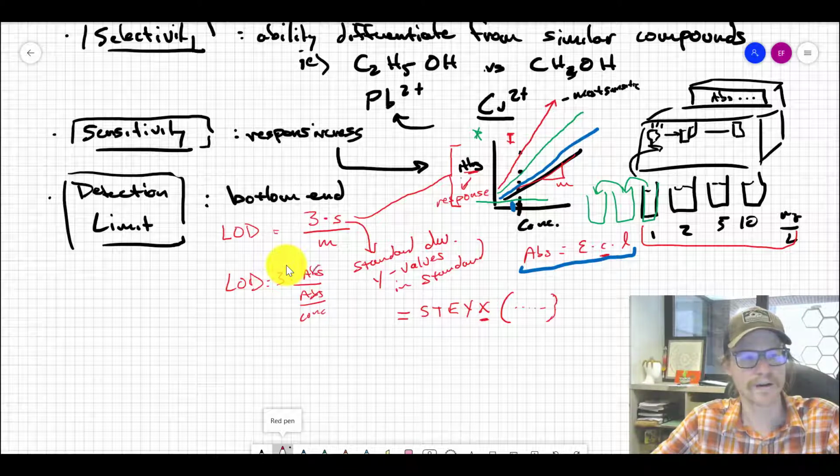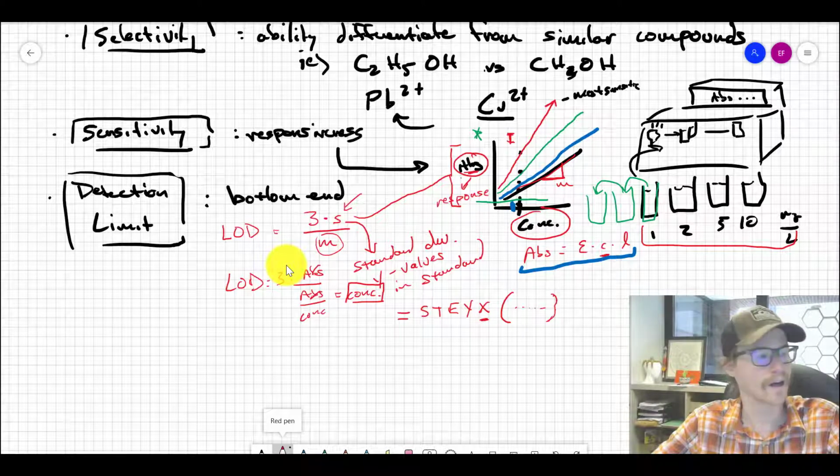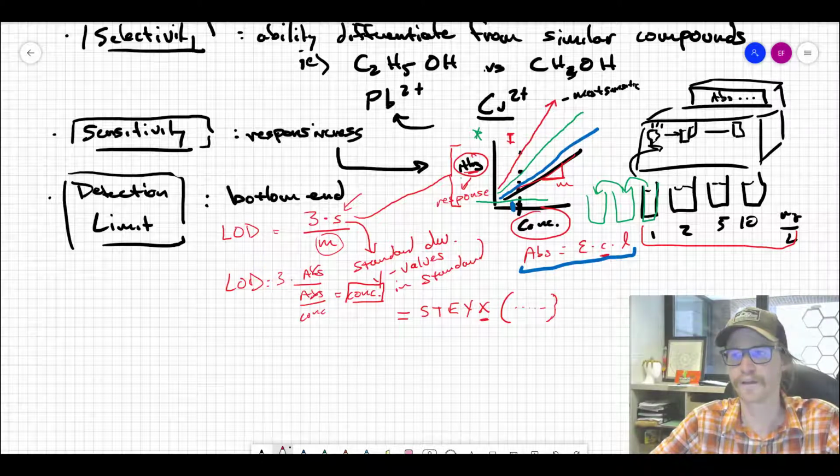Those will cancel out, and we'll be left with an LOD in units of concentration. The reason we use the slope, M, is that it allows us to convert our units between absorbance and concentration. So really we're talking about 3 times the standard deviation, and then M is just a conversion factor. We'll talk more about this, but this is setting you up to start with.